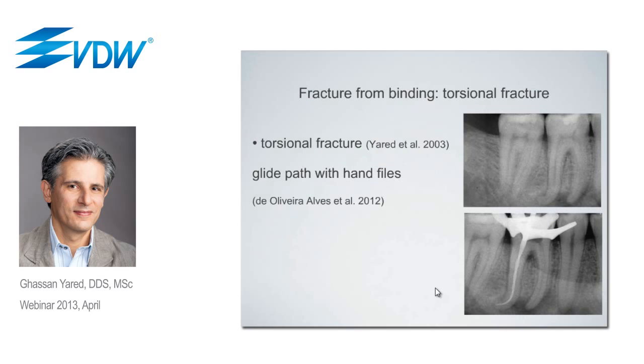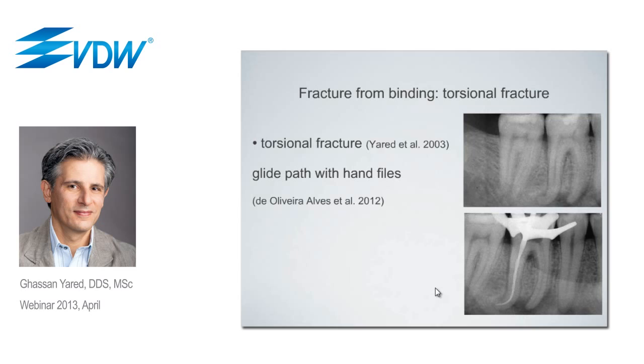The glide path concept was created for the rotary instrumentation techniques, because when we use an instrument in clockwise rotation, it will likely bind at some point in the canal. And we know that when an instrument binds, the instrument will fracture because the motor is rotating the instrument at 300 gram centimeters, and we do not know that it is binding.